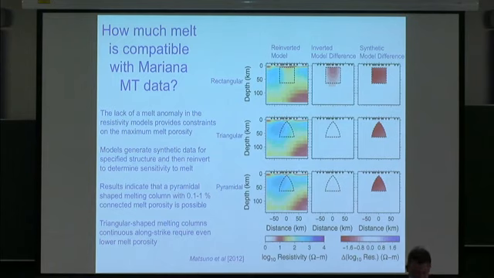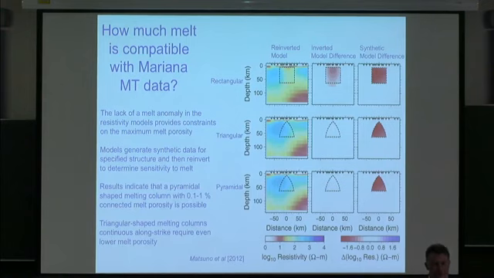For the pyramidal case, they could hide the melt if it was 0.1 to 1% connected melt porosity within this region. And for the triangular case, they could essentially hide the melt if it was on the order of 0.1% melt.